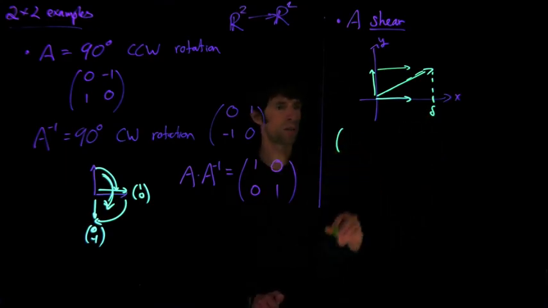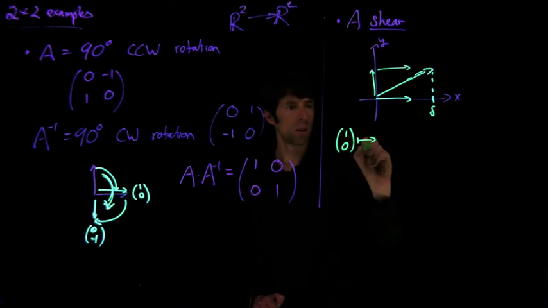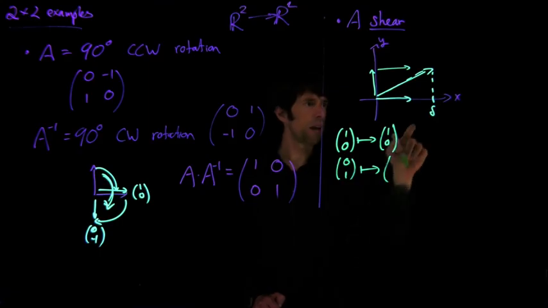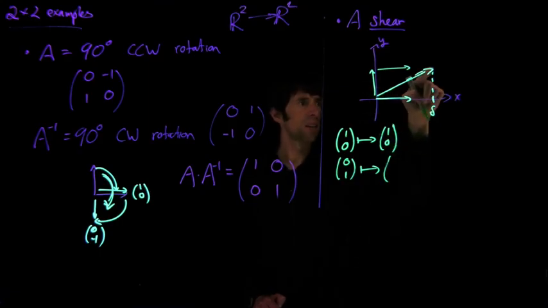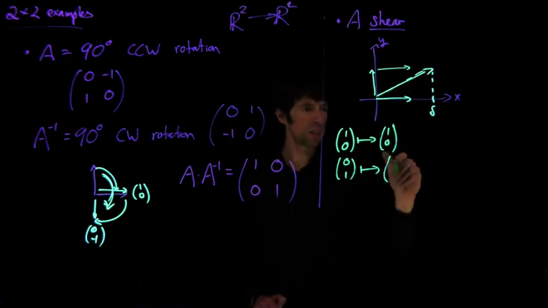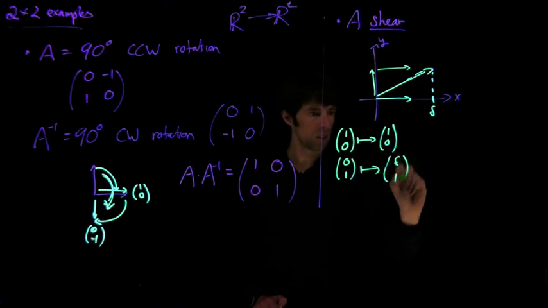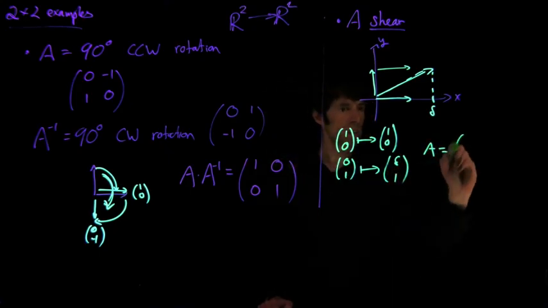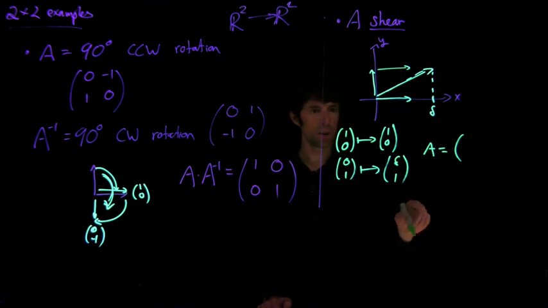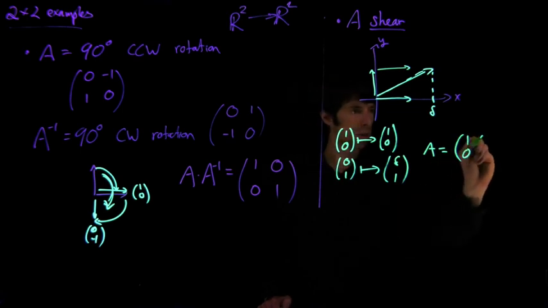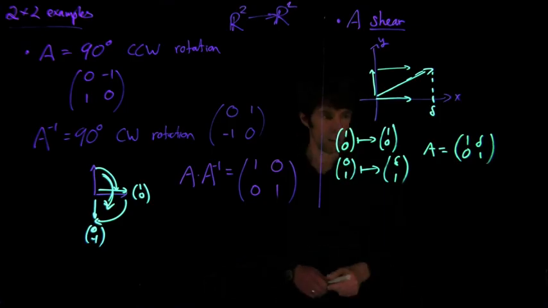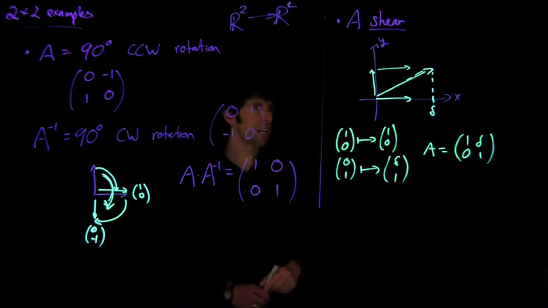So the transformation sends 1, 0 to 1, 0, and it sends 0, 1 to the same height, but the x component is delta, so it's delta, 1. So our matrix in this case is going to be 1, 0, delta, 1. OK, so there's our matrix A.